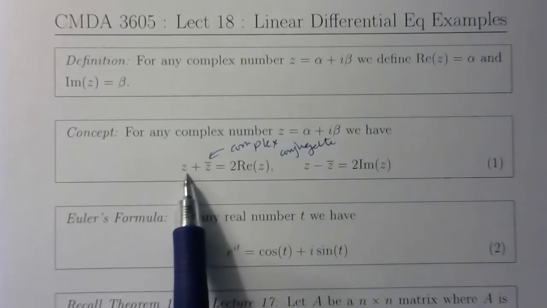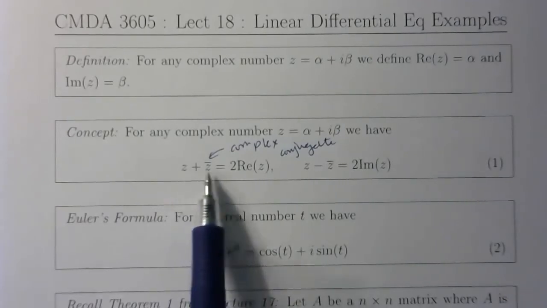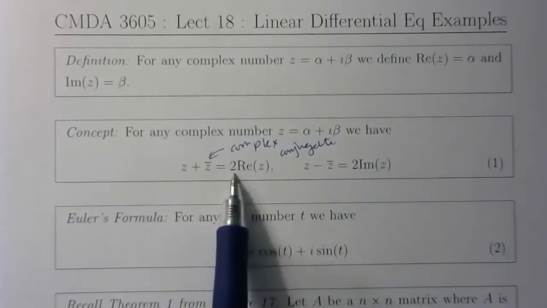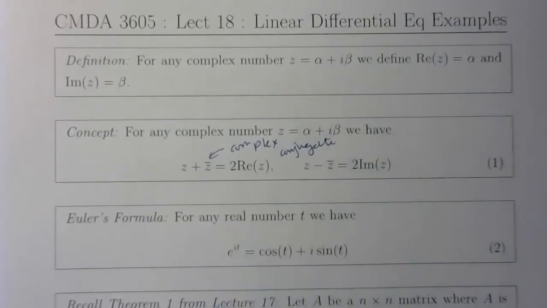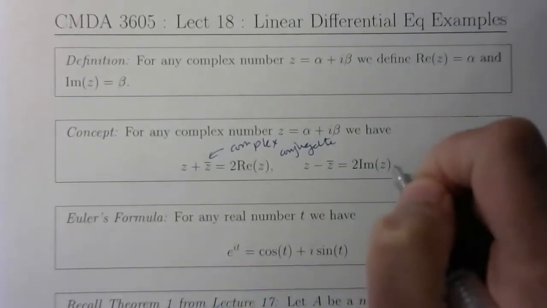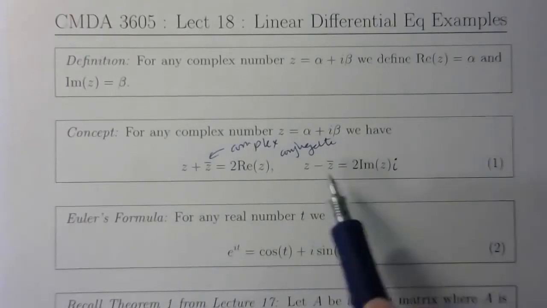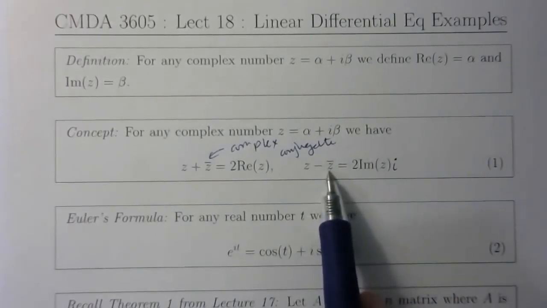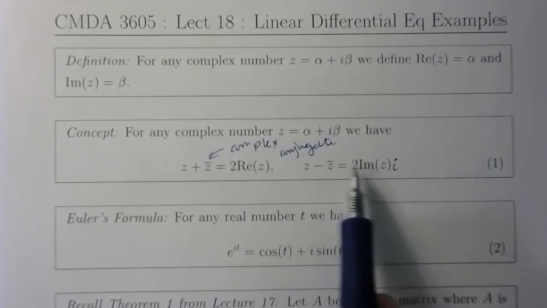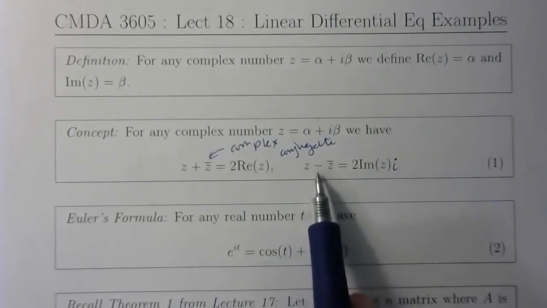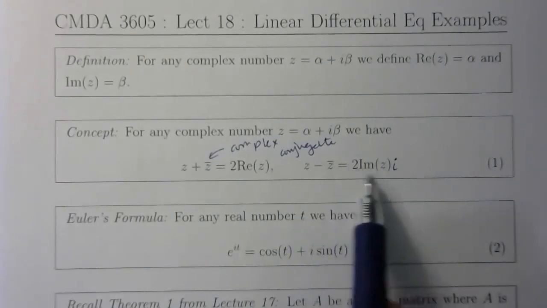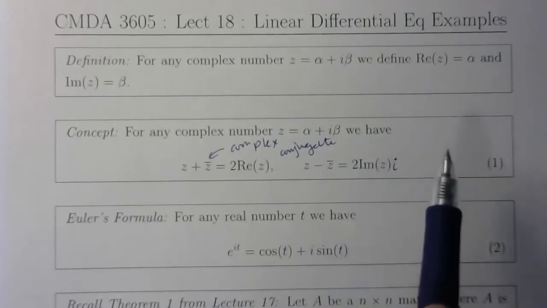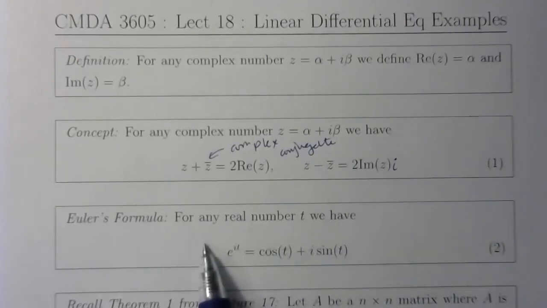So this would be alpha plus i beta plus alpha minus i beta, so 2 alpha. And there's a typo in my notes, but there isn't in your notes. If I do z minus the complex conjugate of z, I have alpha plus i beta minus alpha plus i beta, so 2 i beta. And just to recall, Euler's formula says that e to the it is cosine t plus i sine t.